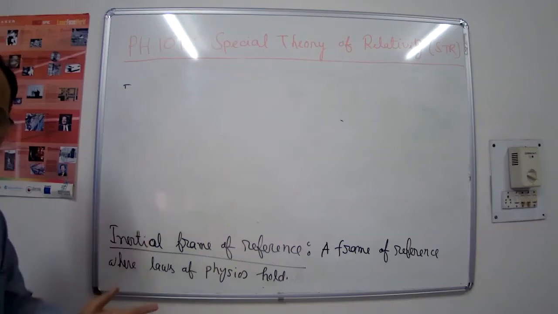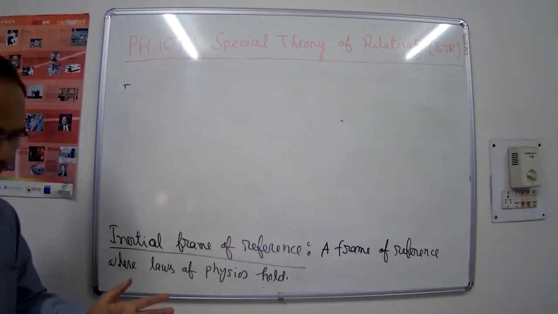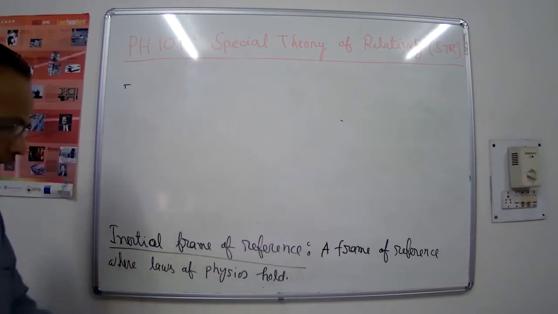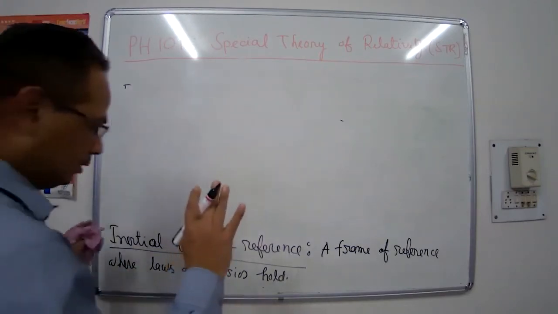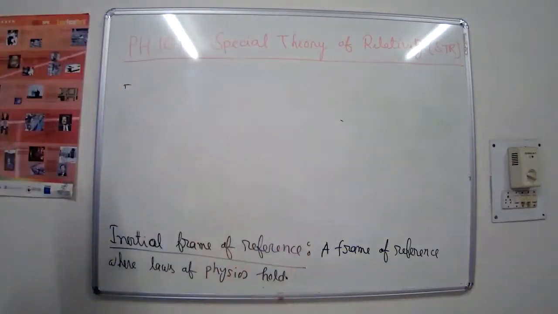It may be true in one frame, but in another frame it cannot be valid. So in any case, whatever laws of physics we consider must hold in a frame of reference, and that frame can be called an inertial frame.